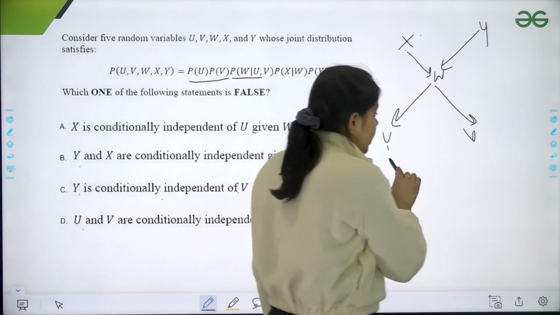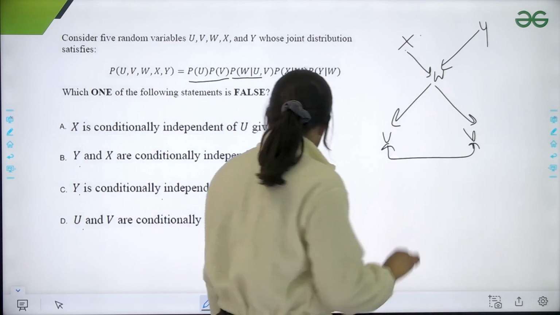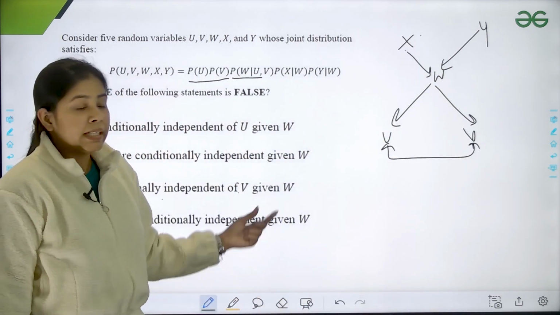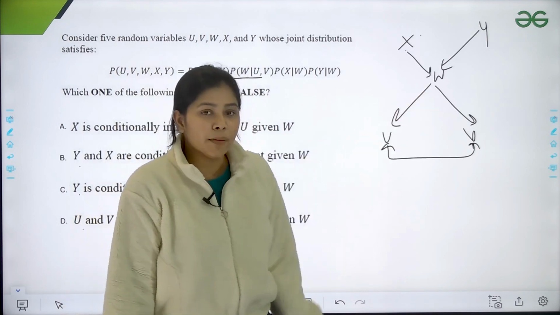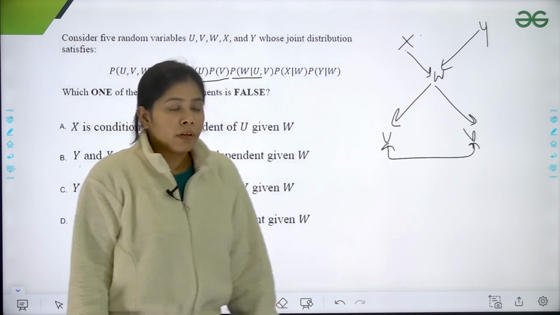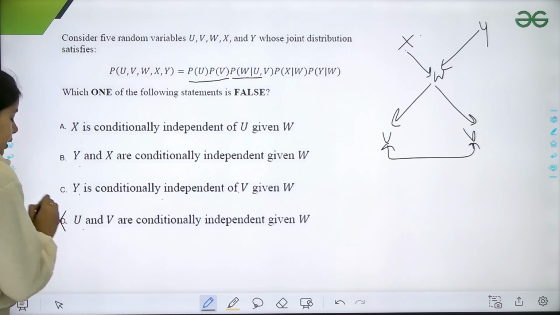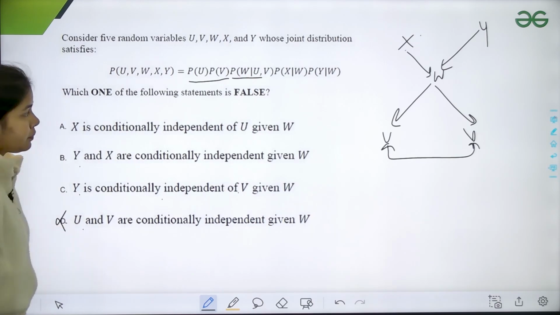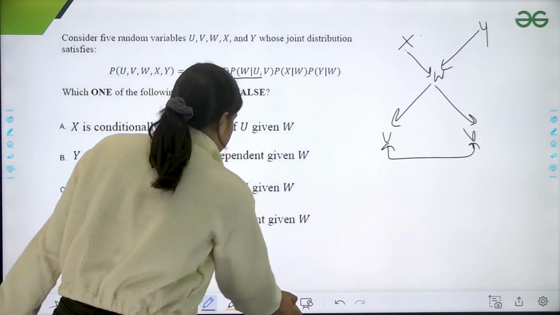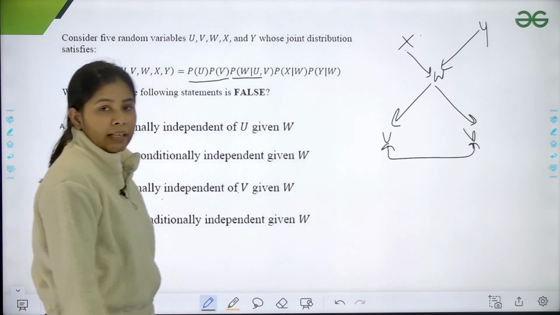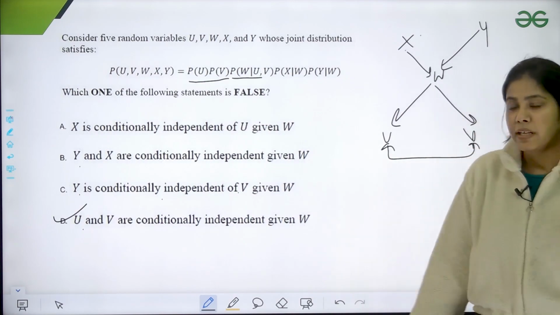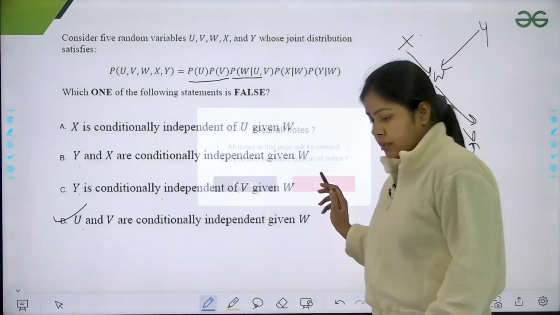So they are saying that u and v are conditionally independent, and I can see here that u and v are not conditionally independent because they depend on w, right? So they are not conditionally independent. So D is a correct option, and I have to tell which of the following is false. So the statement that u and v are conditionally independent is false, right?